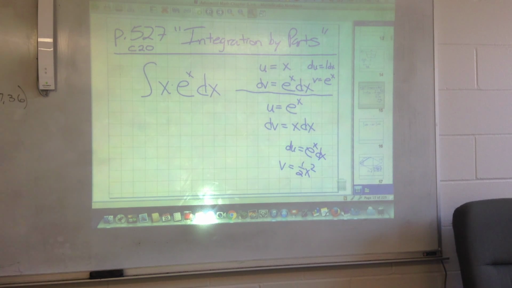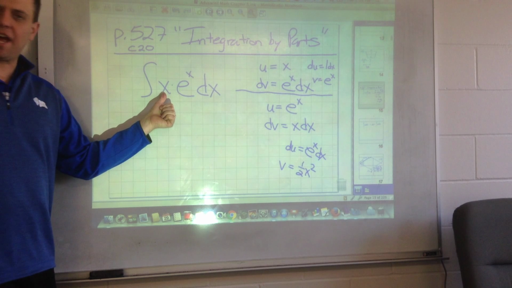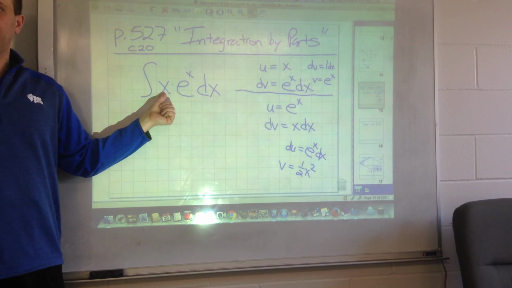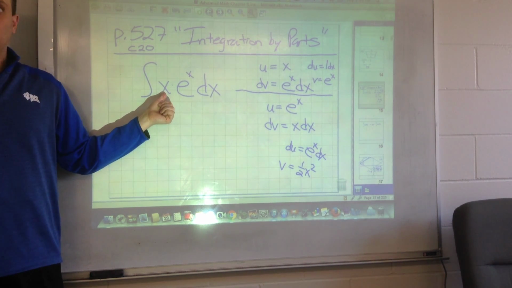How do you know which one without writing them all out and going through that? Once you get used to it, try to get du to be as simple as possible. You want the du to be as simple as possible, basically. Okay? So when I look at this, and I think, okay, I could let u be x, then du is simply 1 dx.